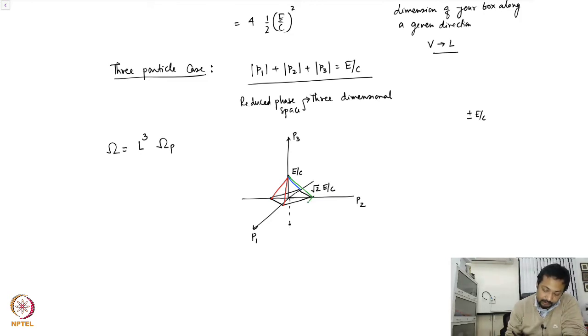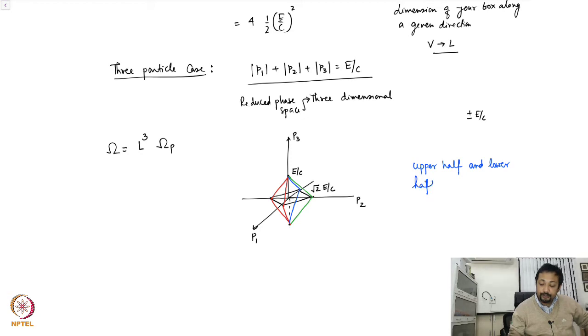Similarly, this joins this, this one comes over here, you have this one, and you have this one. Well, it doesn't look symmetric in the figure, but you know that both upper half and lower half have equal volumes.